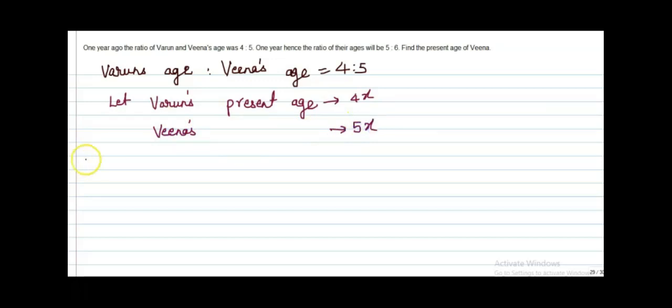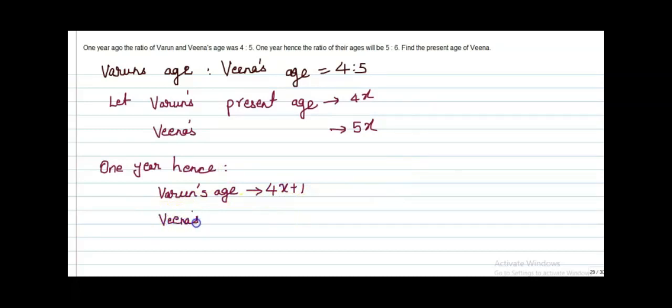1 year hence, Varun's age will be 4x plus 1, and similarly, Veena's age would be 5x plus 1.